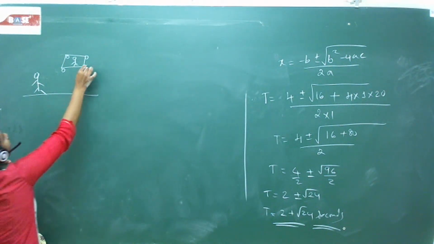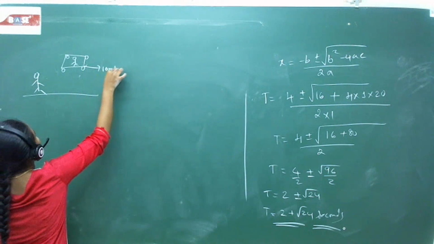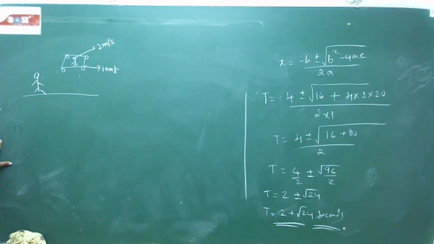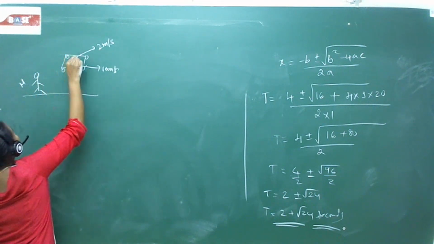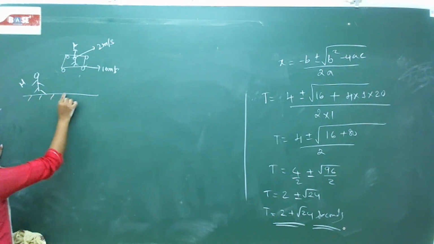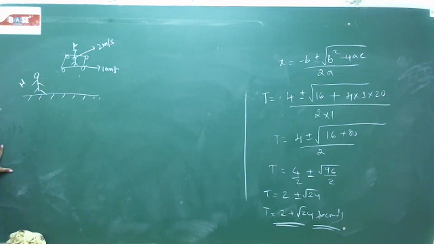The trolley is moving at 10 meter per second and the person is moving at 2 meter per second. So this is M. This person is A. If they tell you to find the velocity of A with respect to M, how will you find it out?